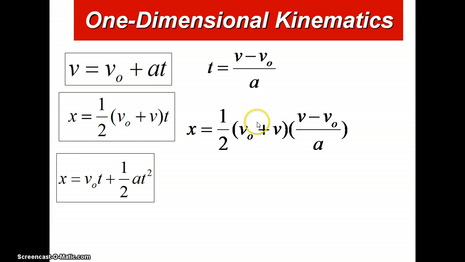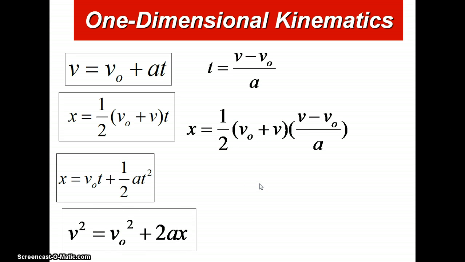So what I have here in the numerator is v plus v naught times v minus v naught, which you know is going to become v squared minus v naught squared. If I continue and do the algebra, I end up with an equation that says v squared equals v naught squared plus 2ax. So here I have four kinematic equations.